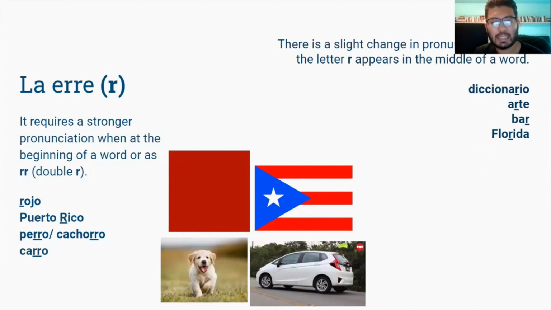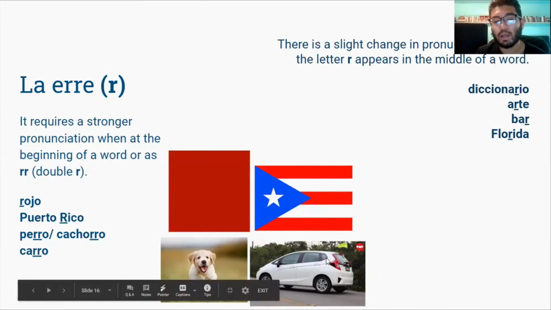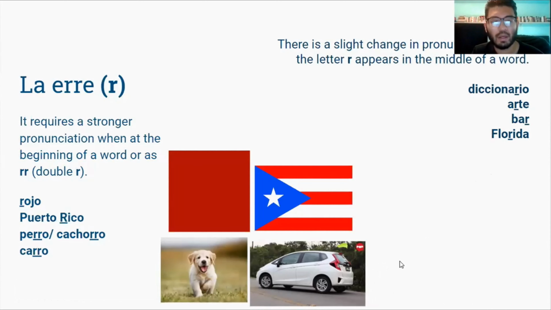And this pronunciation is significant because we have certain words whose only difference is the sound of the R. We have carro, which is car, and then we have caro, which is expensive. So two different words whose only difference is the pronunciation of the R. If we have two R's, we have that strong sound, carro.